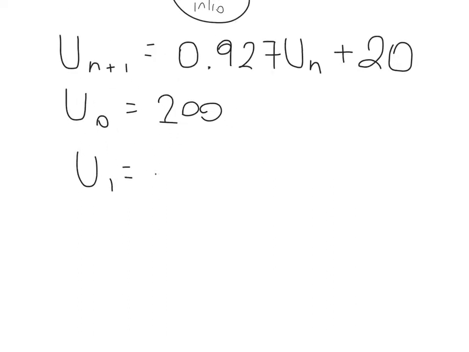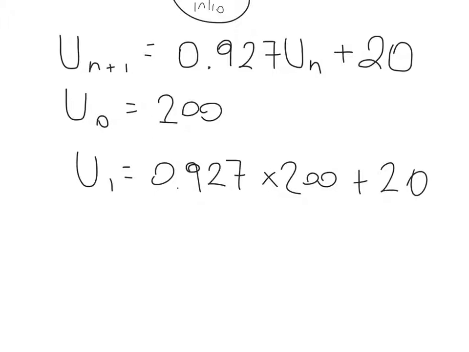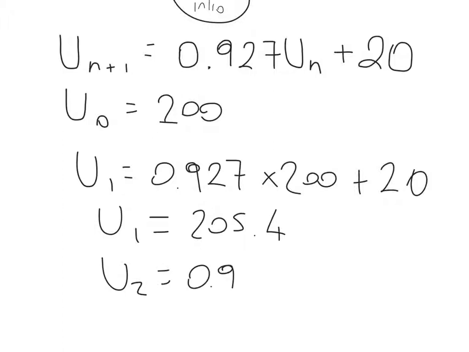So u1 is equal to 0.927 lots of 200, plus 20, and that will give me 205.4. Repeat the process for year 2, 0.927 lots of, this time, u1, which is 205.4, plus 20.